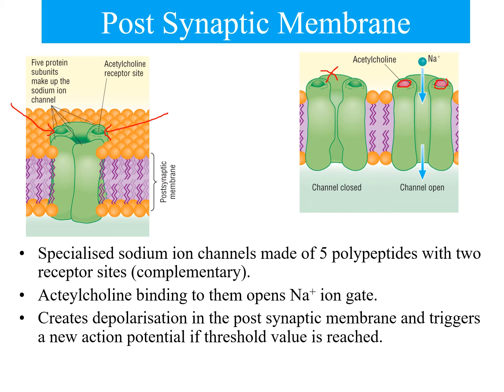That can trigger depolarization, reach threshold potential and then trigger a new action potential on the postsynaptic knob. So the key thing is there are 5 polypeptides, 2 of which have receptor sites for acetylcholine or whatever the neurotransmitter is. That causes the sodium channels to open, and sodium floods in, increasing the charge inside the postsynaptic membrane, which causes the action potential to be fired.